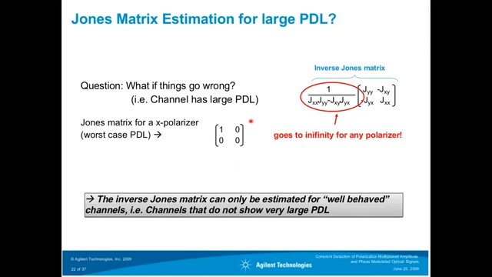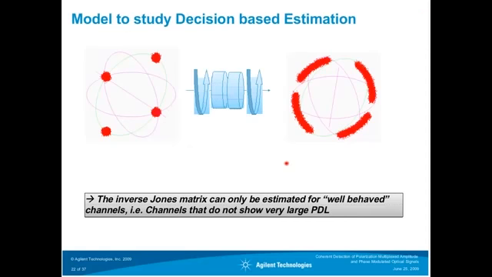If you do the math, you would easily see that in this case the denominator goes to 0, which means the whole channel matrix diverges and goes to infinity. So you cannot calculate the inverse channel matrix of a polarizer; you can only calculate the channel matrix for a well-behaved channel, that means a channel that does not have a very large PDL.